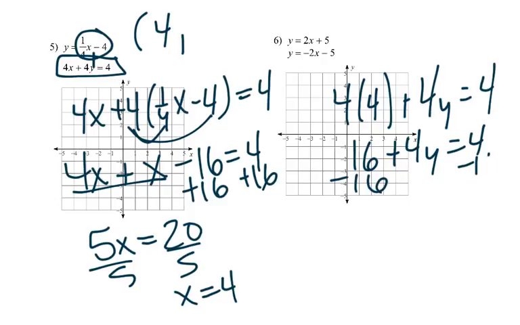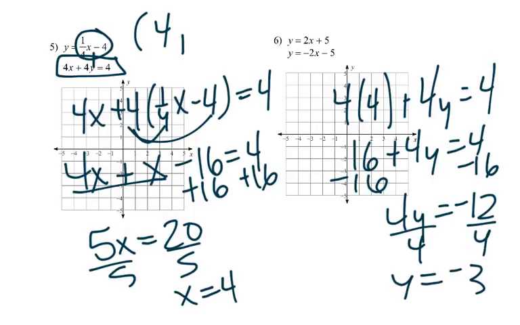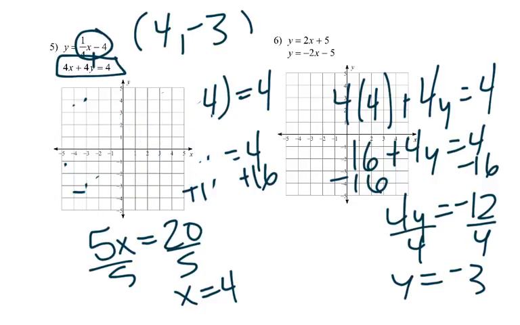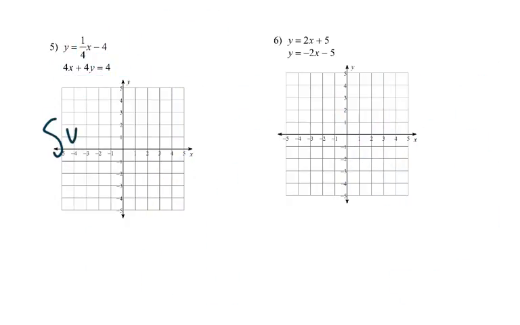Subtract 16. 4y equals negative 12. Divide by 4. And y equals negative 3. So that point, 4, negative 3, that's where these two lines would intersect. That's our solution.